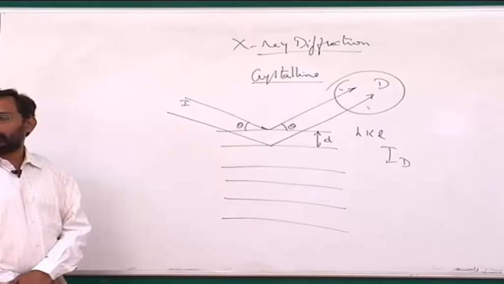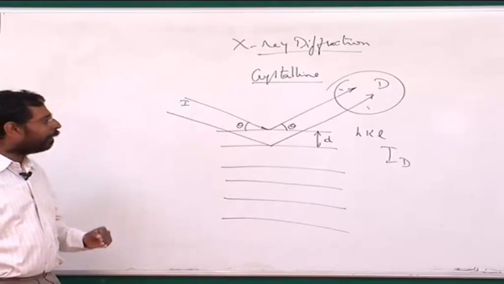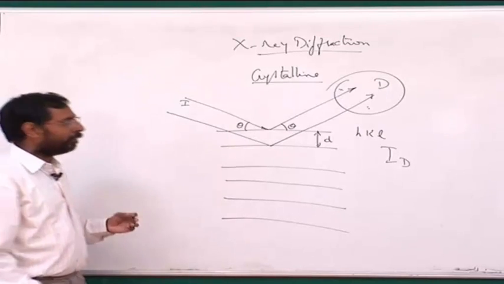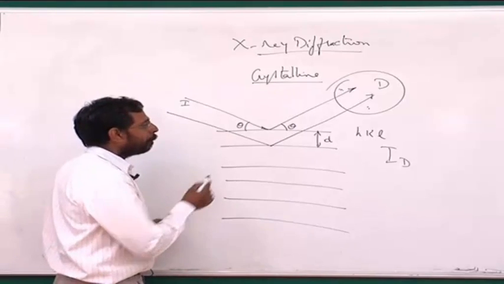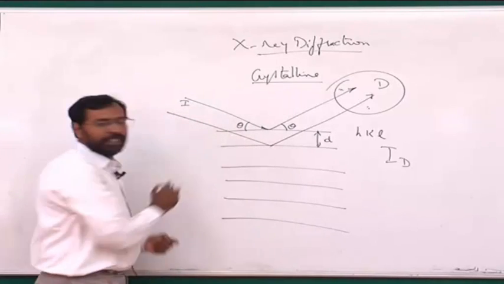This constructive interference is given by a certain condition. Look at the path traveled by these X-rays.